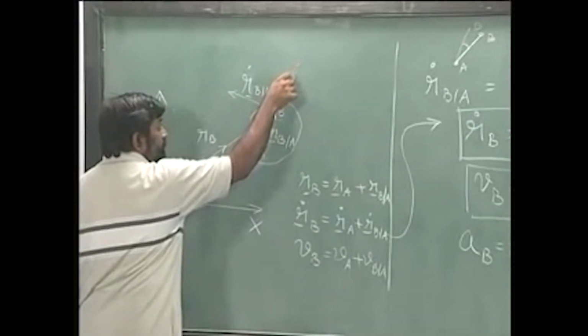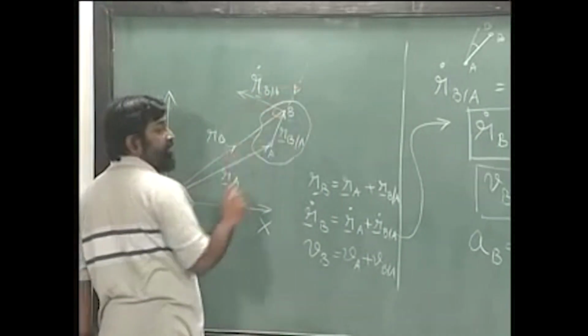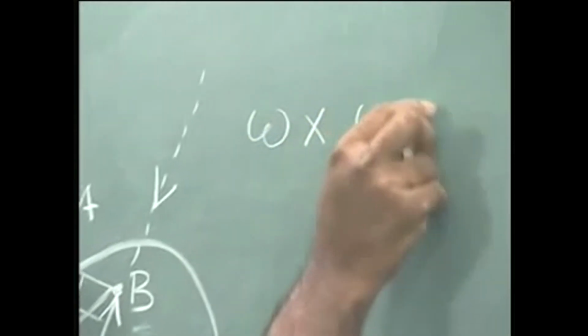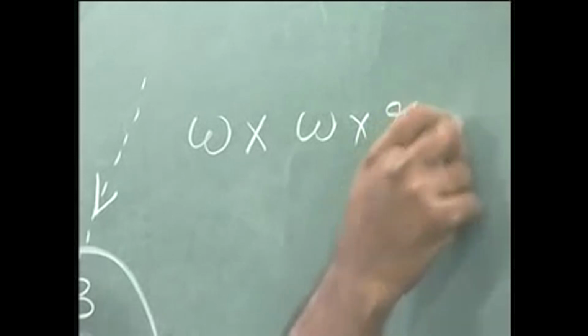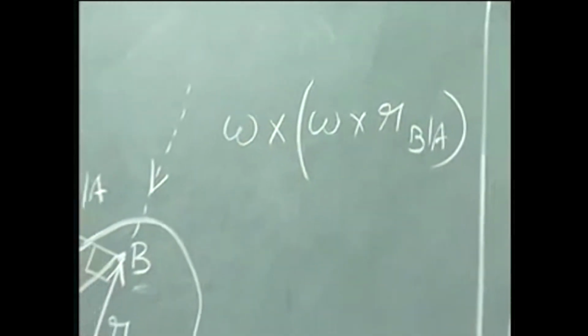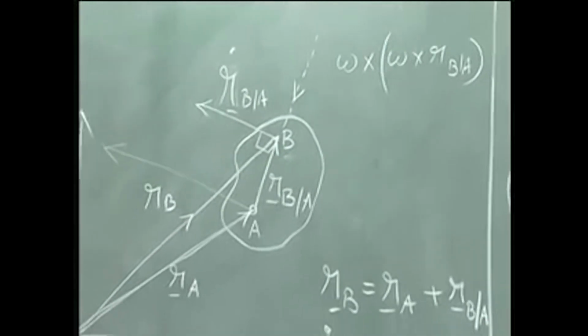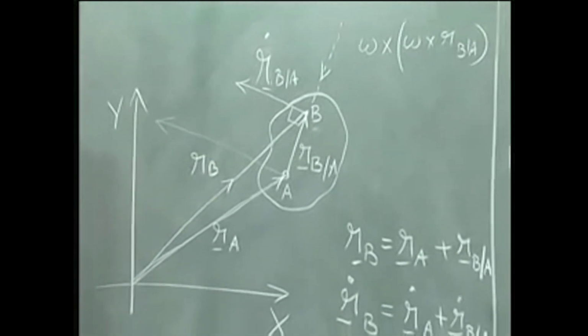So this is the direction of omega cross R B with respect to A. You agree with me? I am just looking at one component, one term in that particular equation.